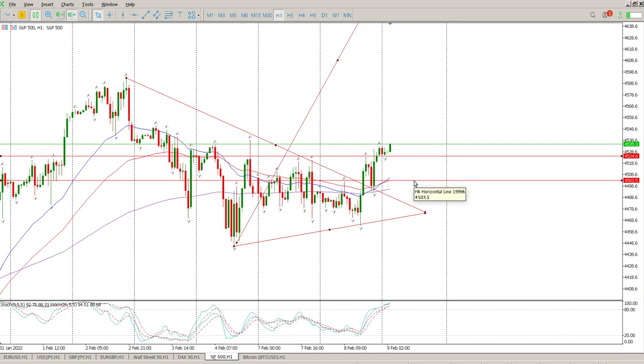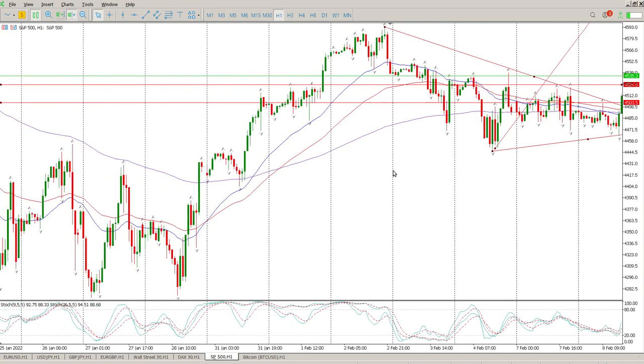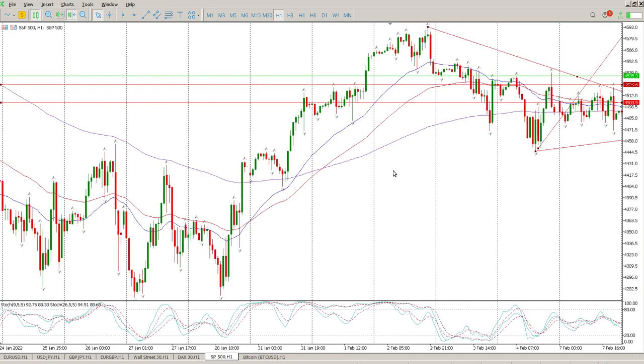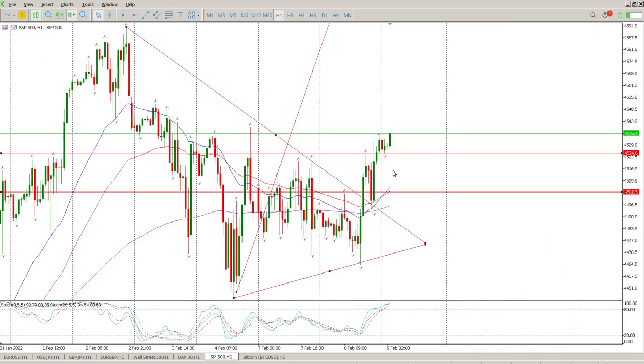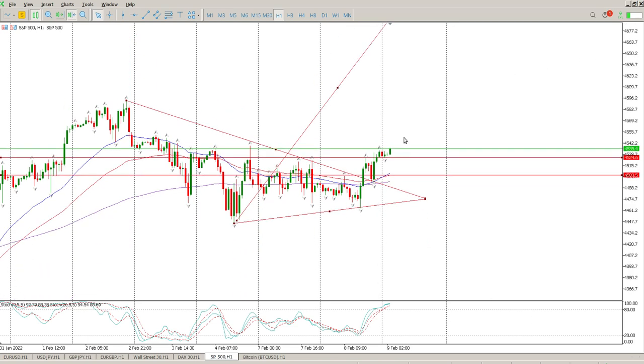So a pullback into 4500 again would really make sense, especially on the higher time frames, and that's just because we've been hovering around here for so long, for a couple of days and then a couple of days in the past. 4500 is a round number, and it is also something which everybody is focused on. So that would be first prize for me, a nice pullback into that level.